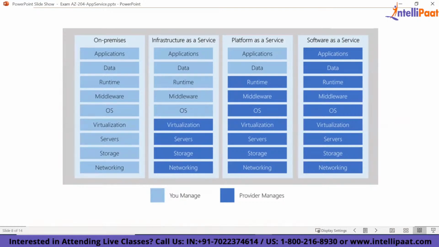There are a lot of other examples, like Table Storage, SQL Server, which Azure provides, and your Function App. They are all examples of platform as a service. So you don't have to worry about how internally Azure manages those services.